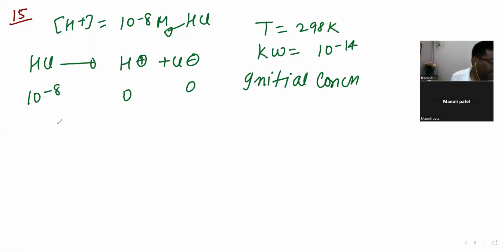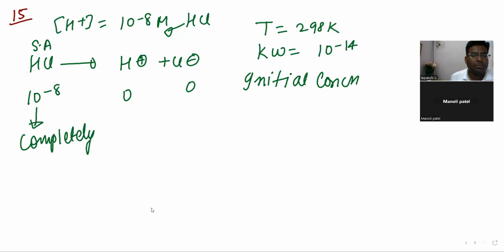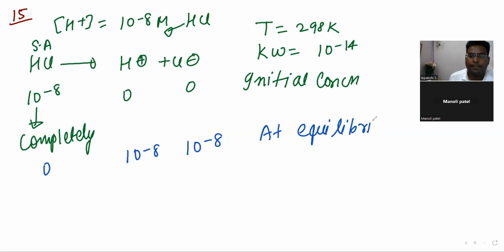At equilibrium, as we know, HCl is a strong acid, so it will dissociate completely. So HCl will become 0, then H plus will be 10 raised to minus 8, and Cl minus will also be 10 raised to minus 8. This is at equilibrium.